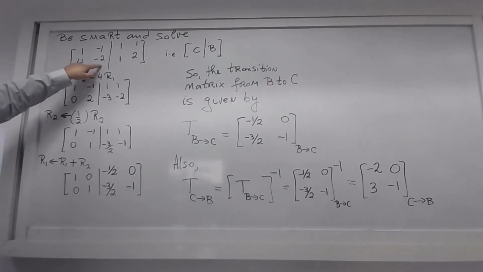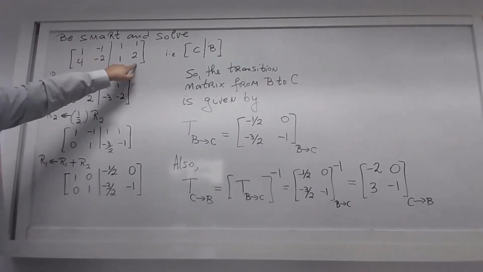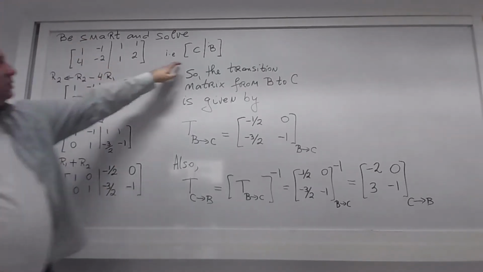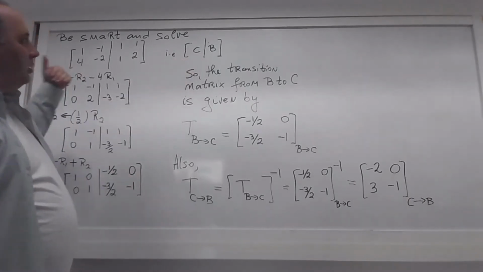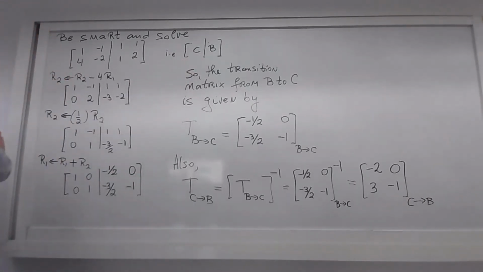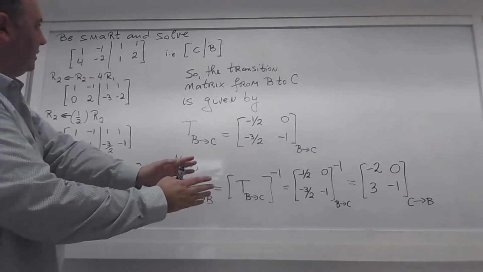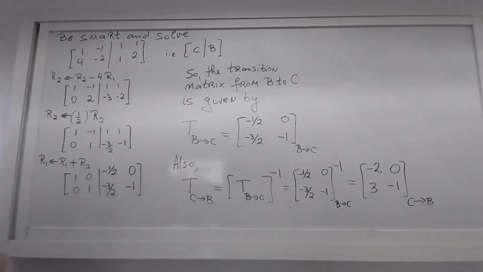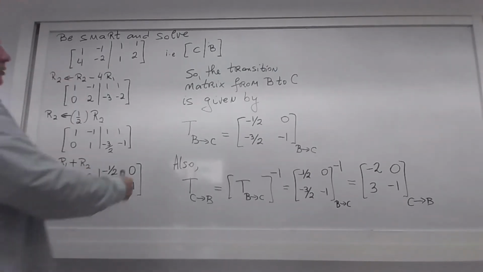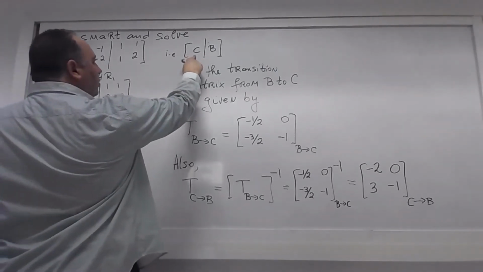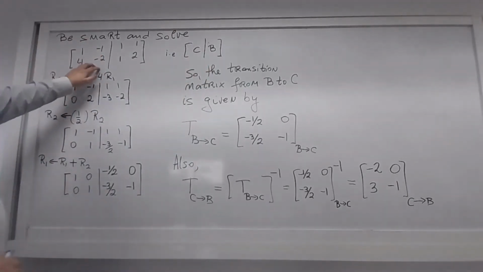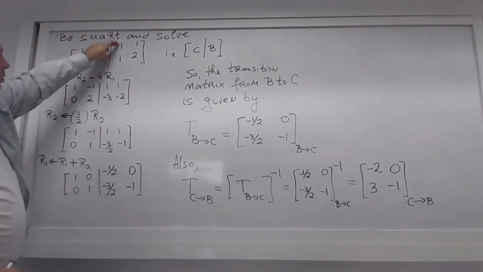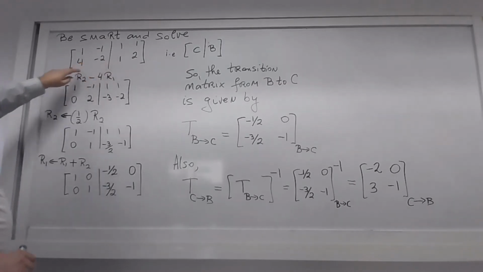These are vectors from C, and here you find vectors from B. This is what you have. I'm going to express people from basis B in terms of vectors in basis C. So C slash B. In the book they say old basis, new basis, and then you have new basis slash old basis. So that's what you have, expressing people from B in terms of people in C.